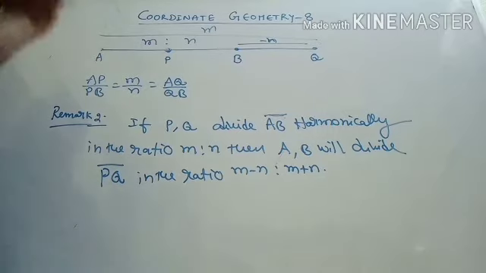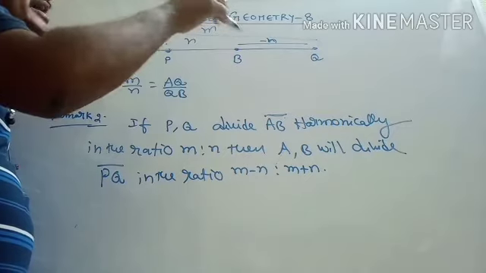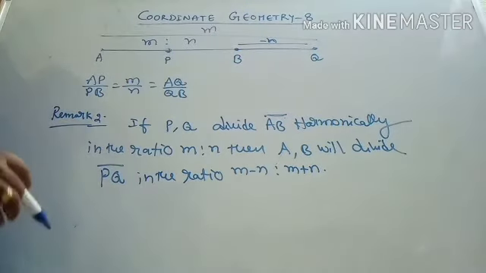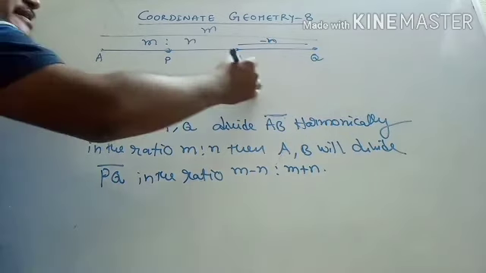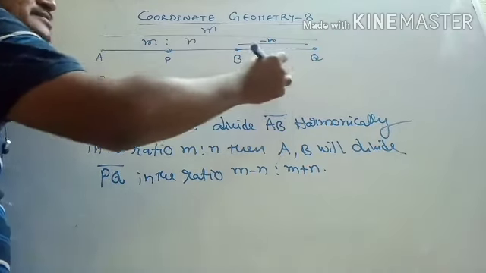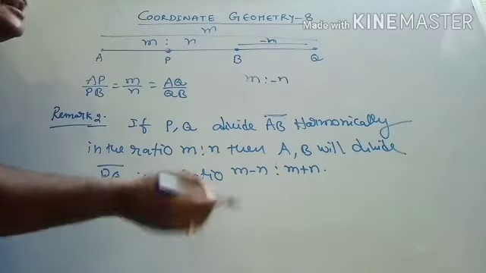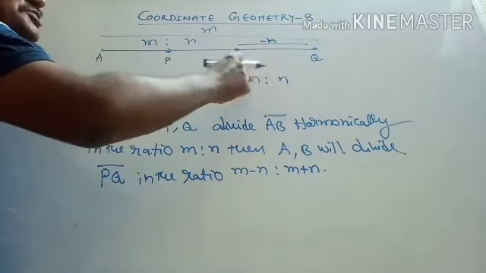Whenever a point divides internally the line segment joining any 2 points, you will get the ratio positive, and externally means you will get the ratio as negative. That means m is to minus n. See here, m is to minus n means the point is dividing AB externally. If you remove the minus, m is to n means internally.